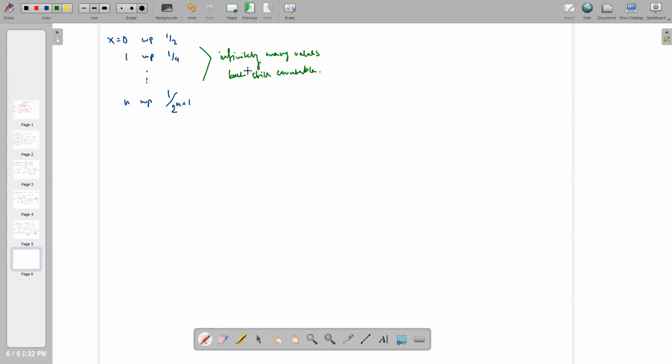So we need to find expectation of x. What is the probability mass function? This is 1 by 2 to the power n plus 1 if n is a non-negative integer and 0 otherwise, right?